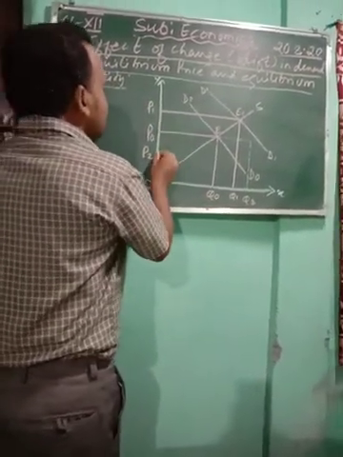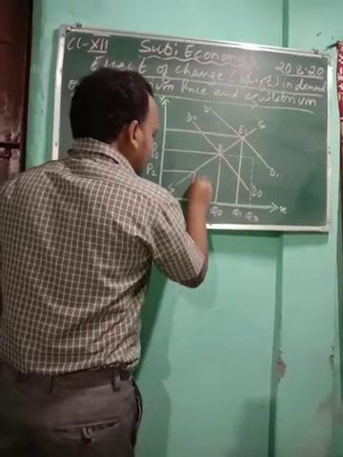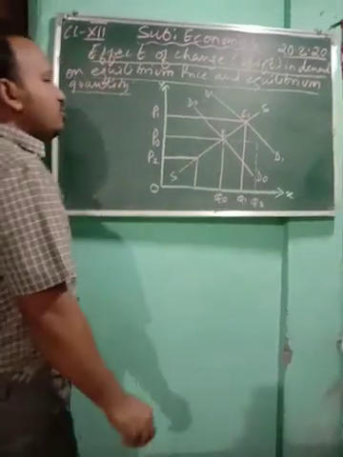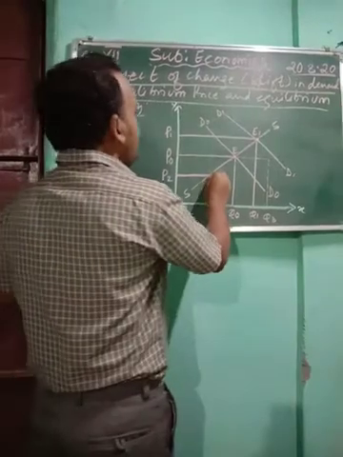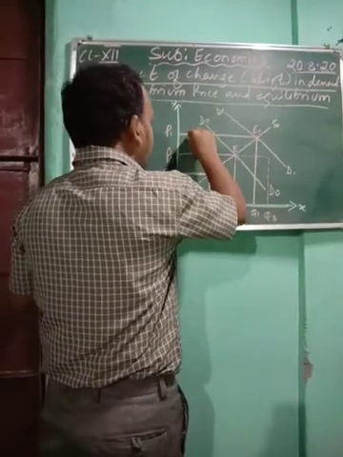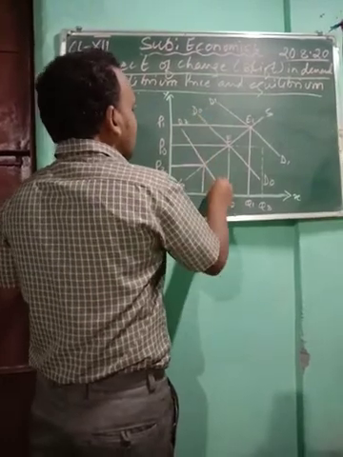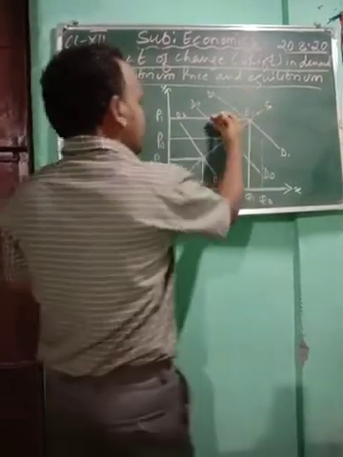Suddenly your demand for the commodity is going to fall. If the demand falls, then instead of a rightward shift, the curve will shift to the left.